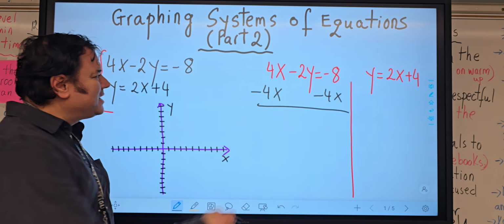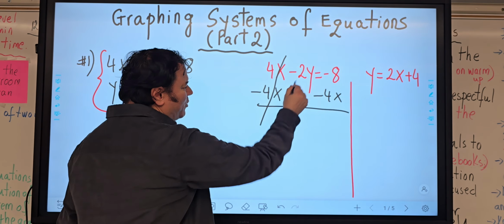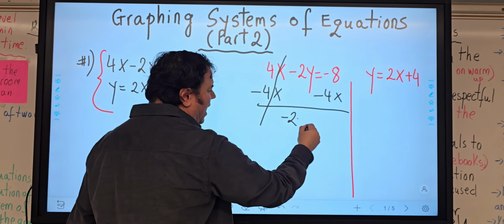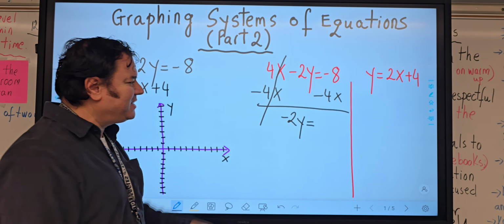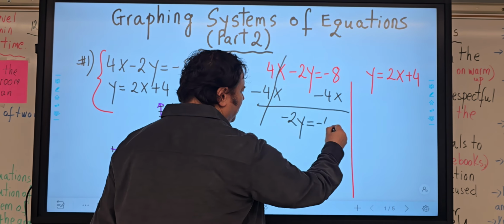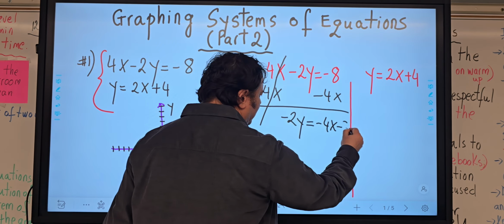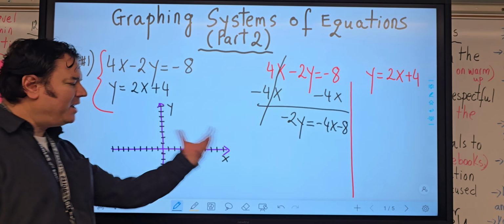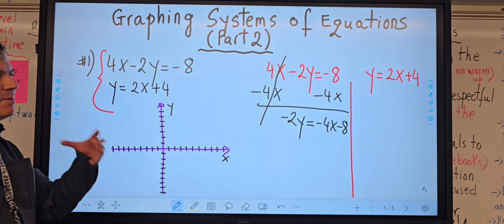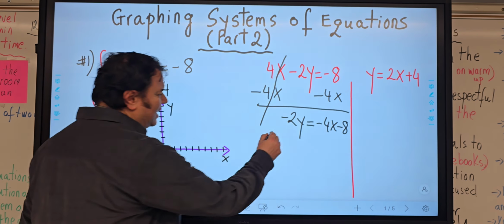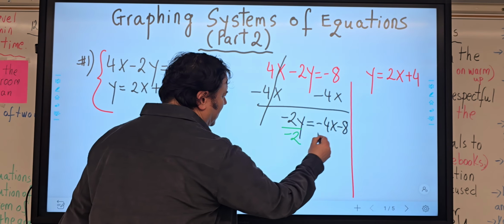4x minus 4x cancel each other out. So we are left with negative 2y equals negative 4x minus 8. Now we are going to divide both sides by negative 2.